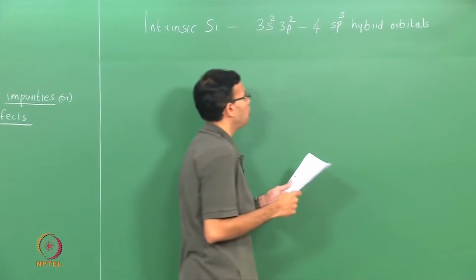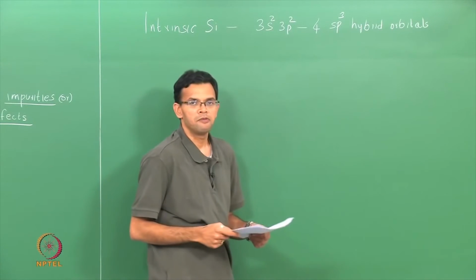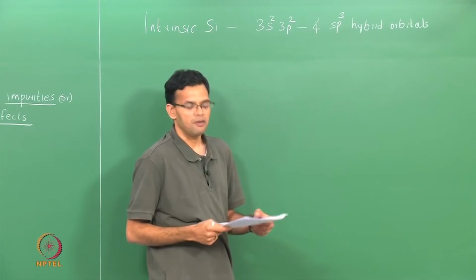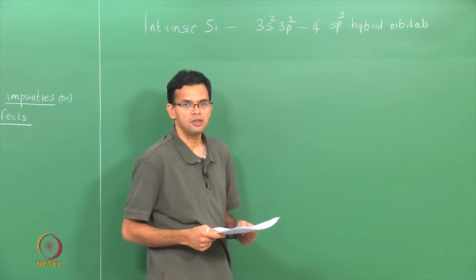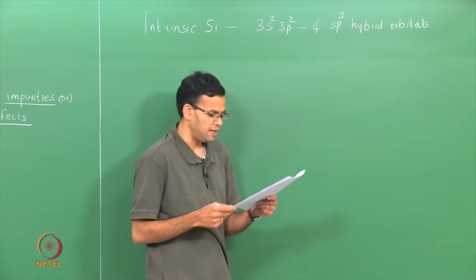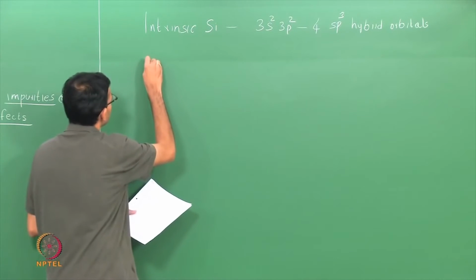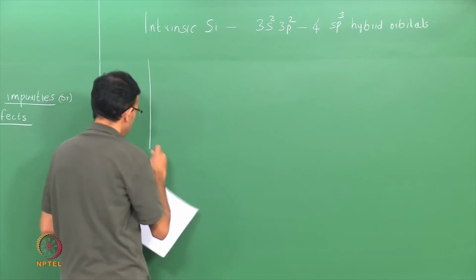And we later saw that these orbitals, when they form a solid, give you a valence band that is completely full and a conduction band that is completely empty. You can show this band diagram here.